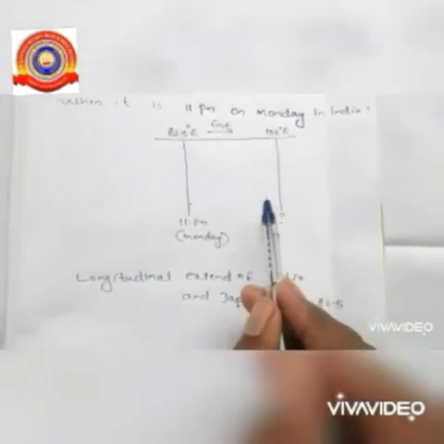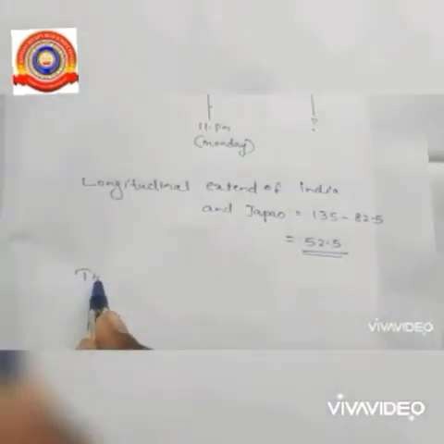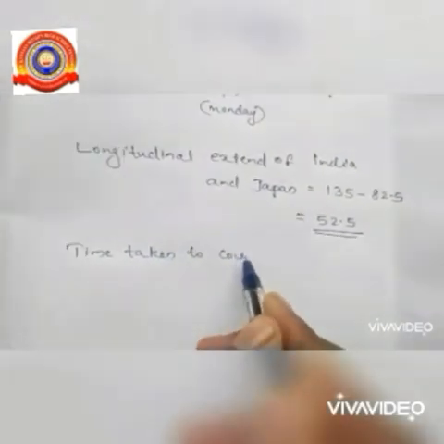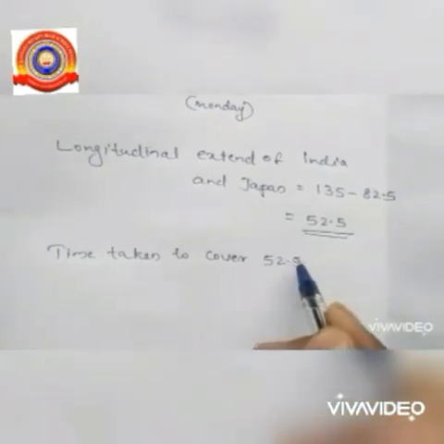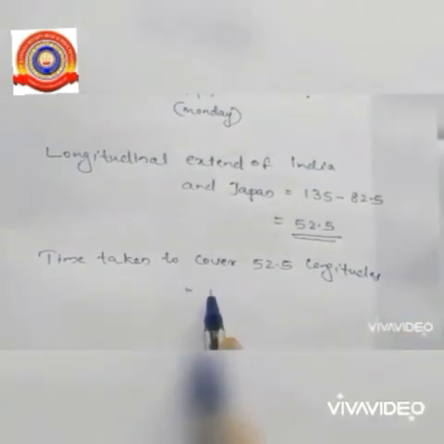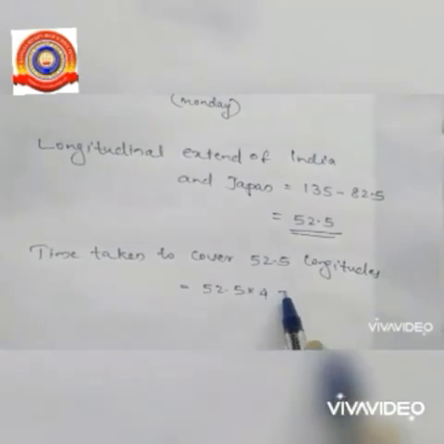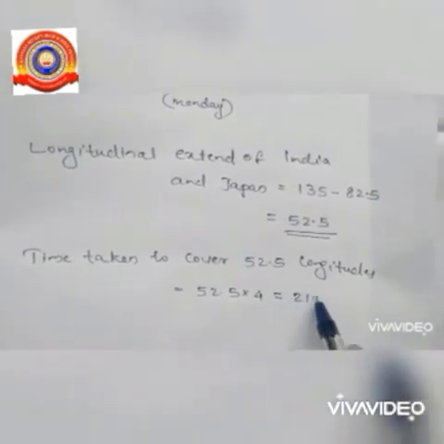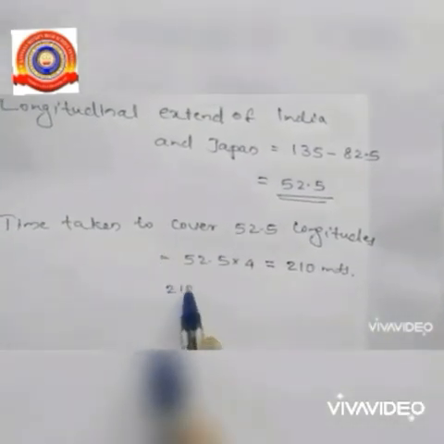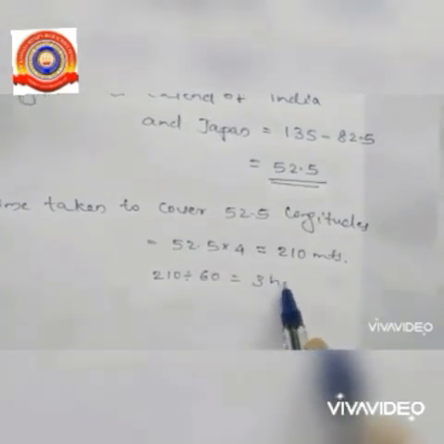Then we have to find the time duration to cover 52.5 longitudes. For that, multiply 52.5 into 4. Then we get 210 minutes. When we convert it into hours, we get 3 hours 30 minutes.